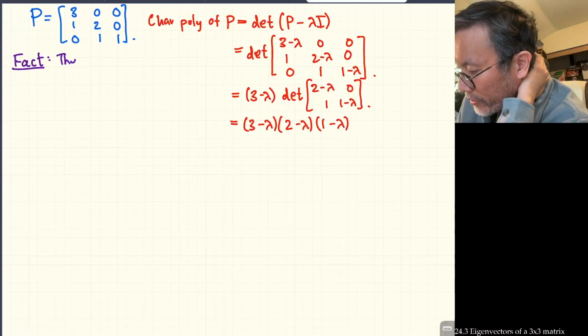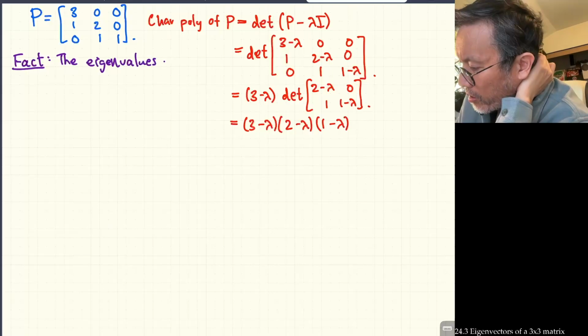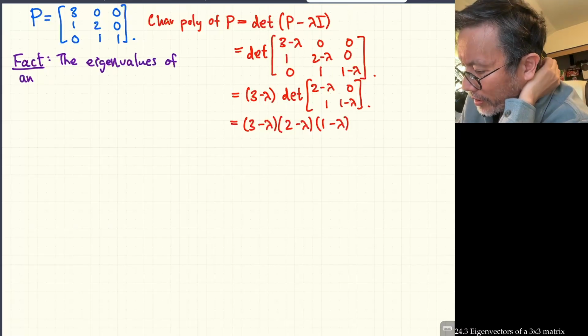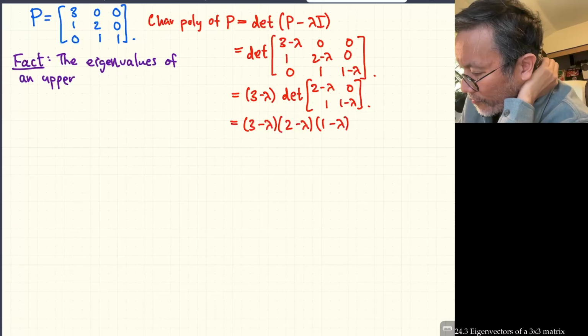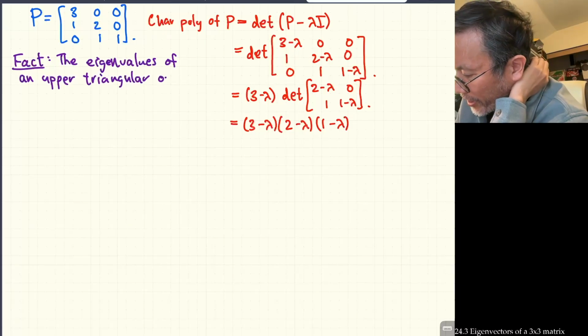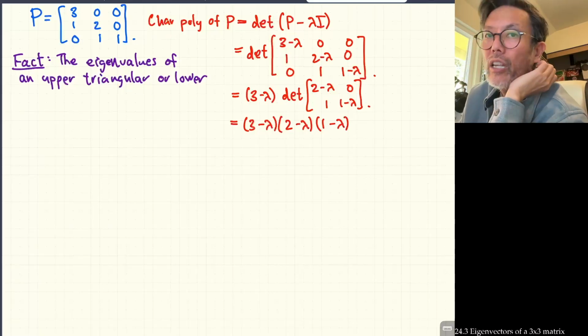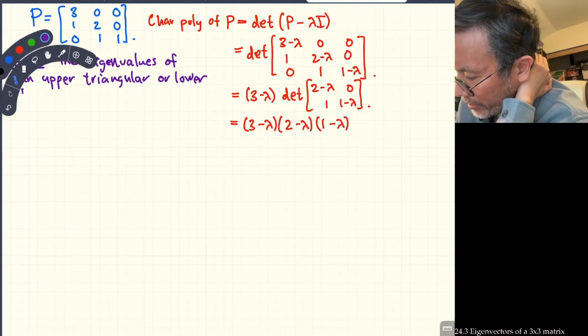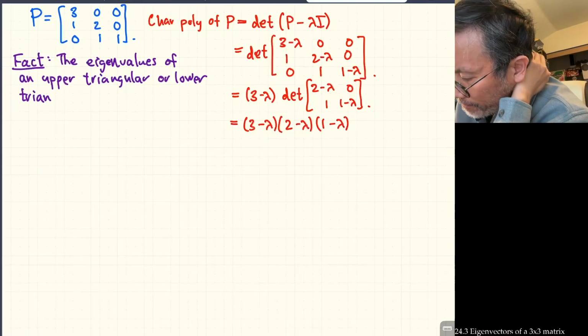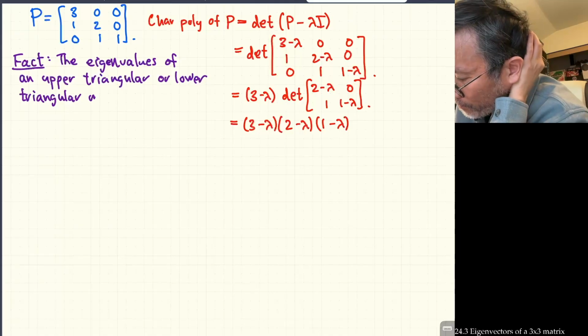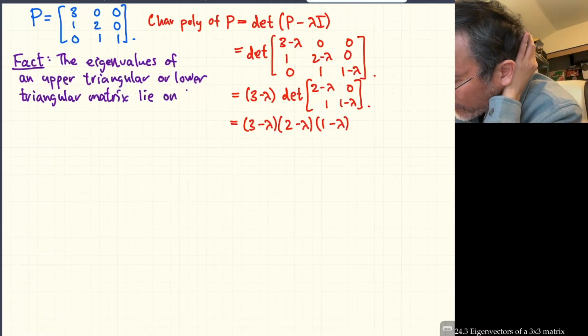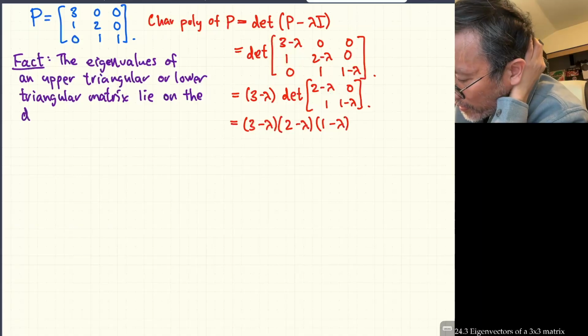The eigenvalues of an upper triangular or lower triangular matrix, sometimes collectively called a triangular matrix, lie on the diagonal. The proof of this is easy.